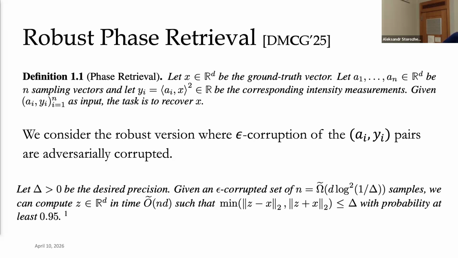No, I don't think so. But I'm happy to talk more offline. This algorithm heavily uses the properties of Gaussians. It has no lattice flavor or anything. It's a pretty continuous problem.